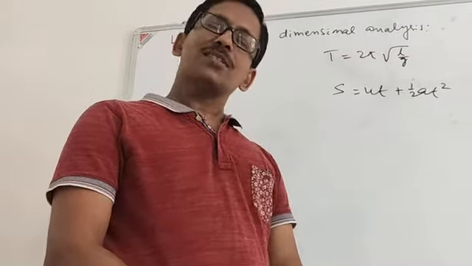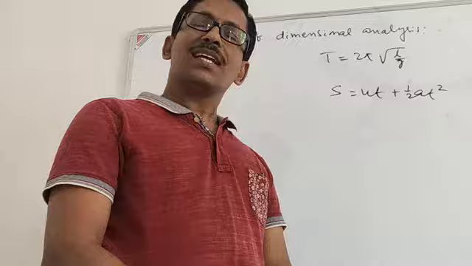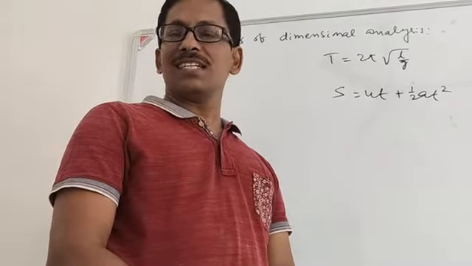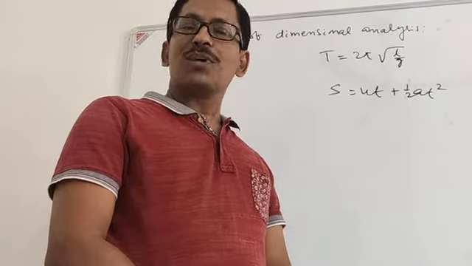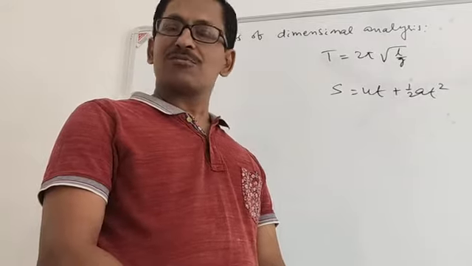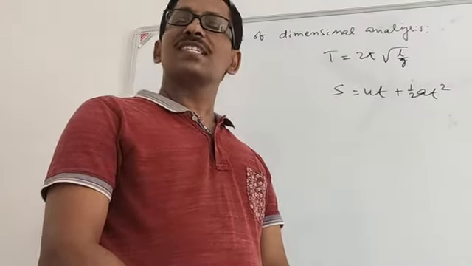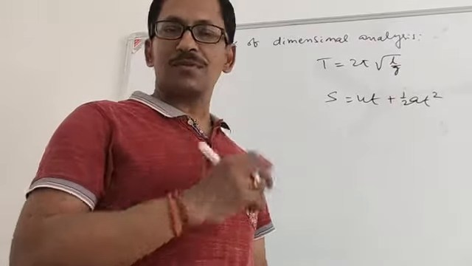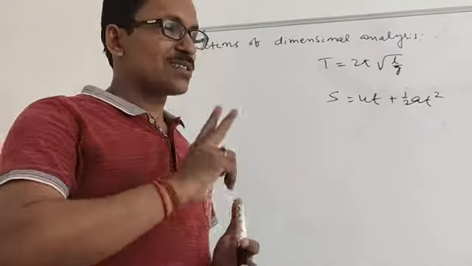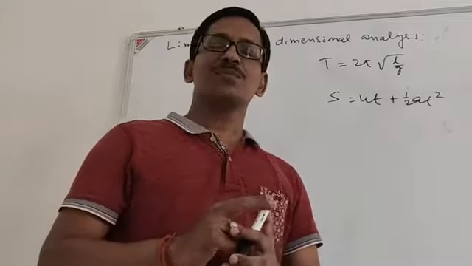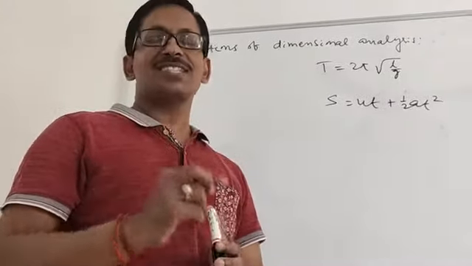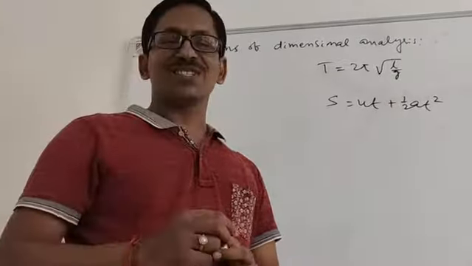And on the basis of dimensions, we can classify the physical quantities into 4 categories. First one, dimensional constant, dimensionless constant. There are 2 types of constants on the basis of dimensional formula. There are certain constants having dimensions.